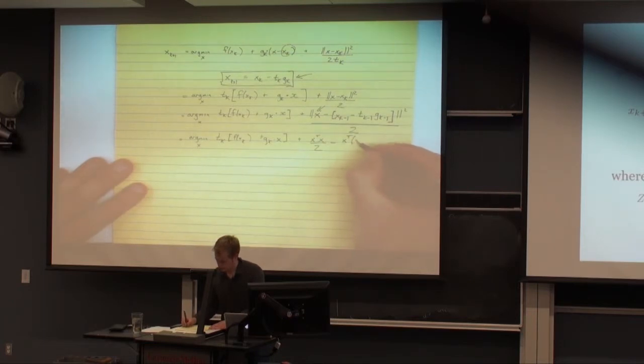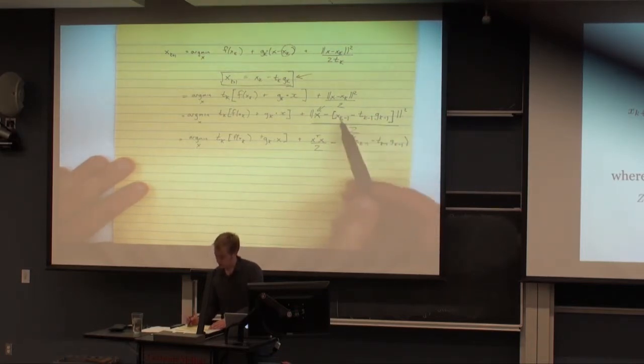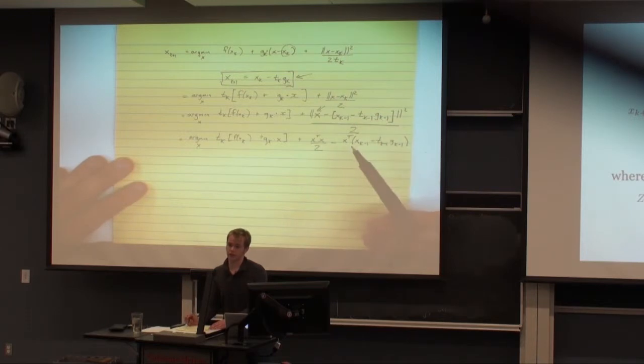So that's x_{k-1} minus t_{k-1} g_{k-1}. And I'm just going to ignore this cross term with itself, because again, that doesn't depend on x, which is the argument.